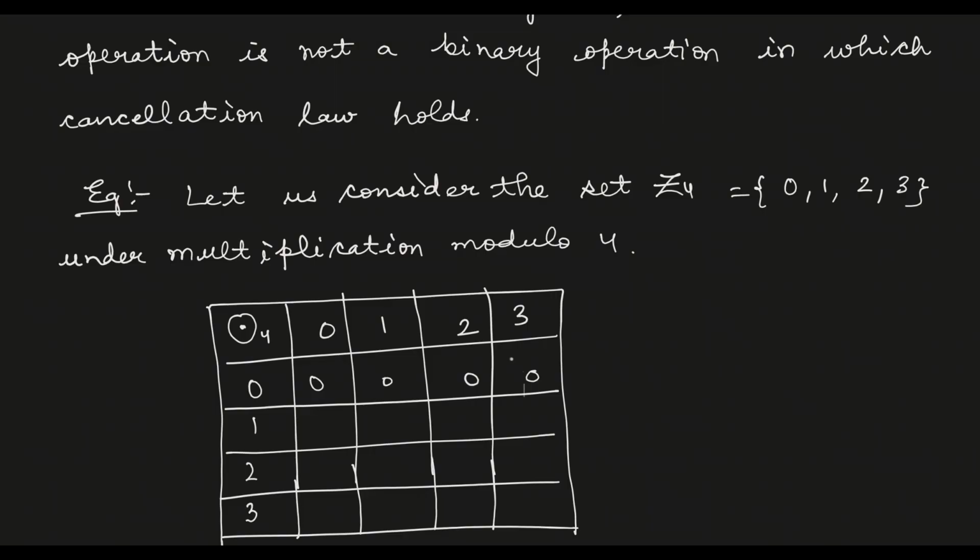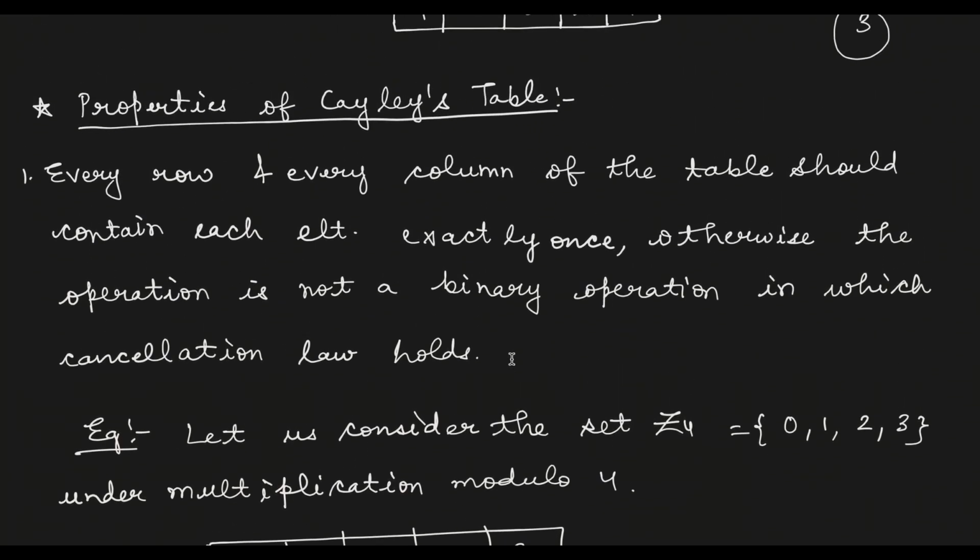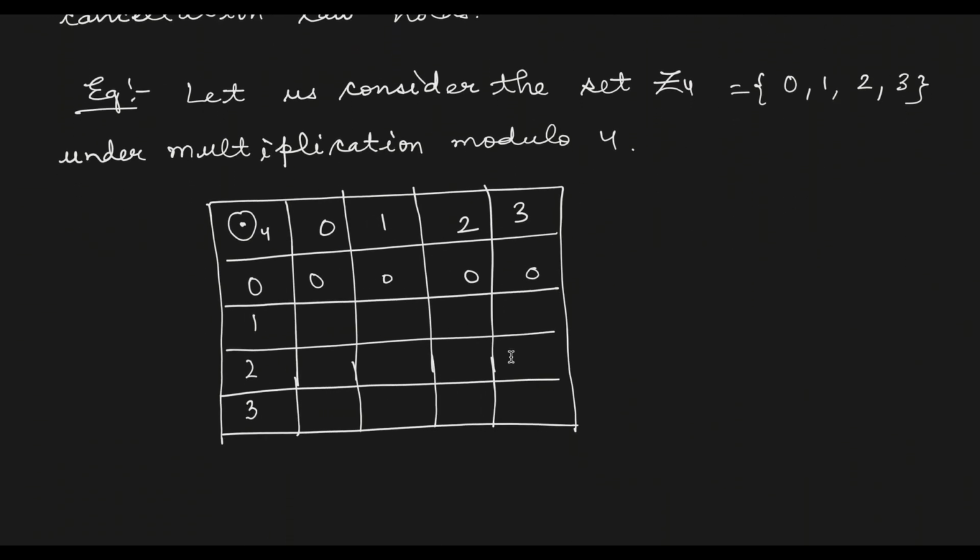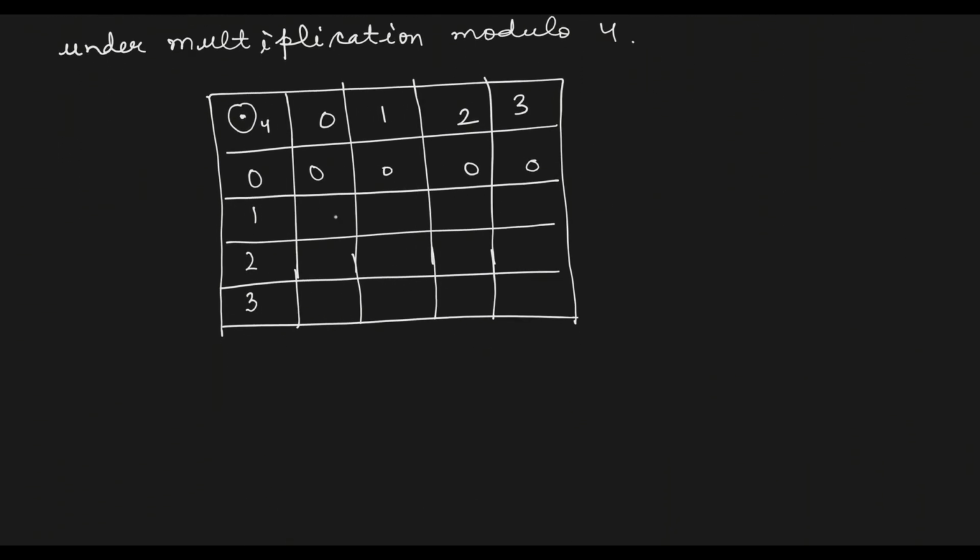So clearly it is violating this property, because each row and every column of the table should contain each element exactly once. And the rest of the elements will be 0, 1, 2, 3, 0, 2, 0, 2, 0, 3, 2, 1. In this, 0 and 2 appear twice.